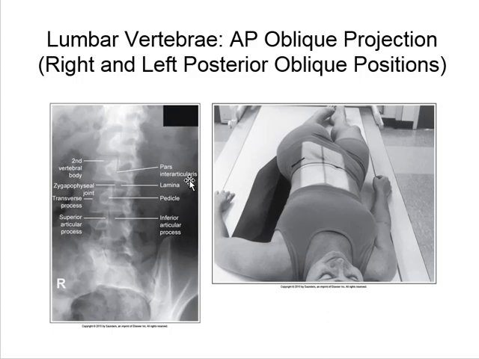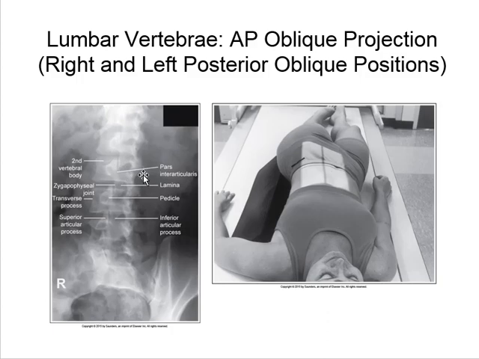On the C-spine, if we're shooting AP, we're going to be shooting for the side up. On the T-spine, we're also going to be shooting for the side up on AP. On the L-spine, we're going to be looking for the side down on AP. So what we're looking for is the zygapophyseal joint, and that's that dark line right there.